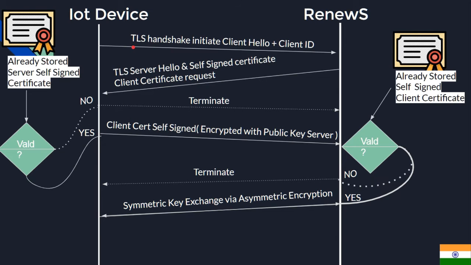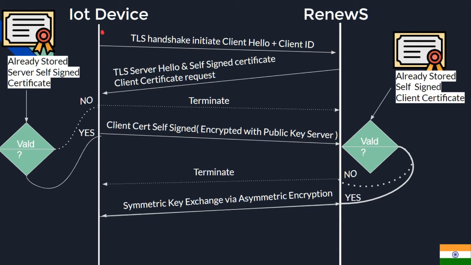So how would an IoT device communicate with the Renew server? The IoT device would store a self-signed certificate of this server, and the Renew server will store the IoT device certificate that is self-signed by the company providing the IoT solution.